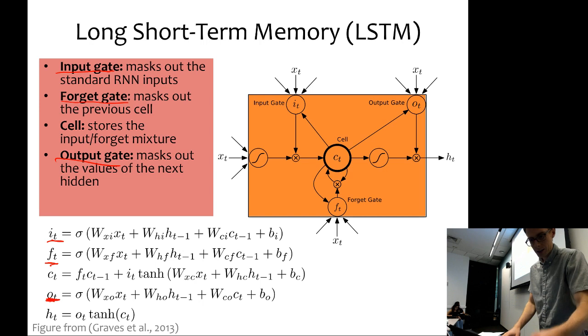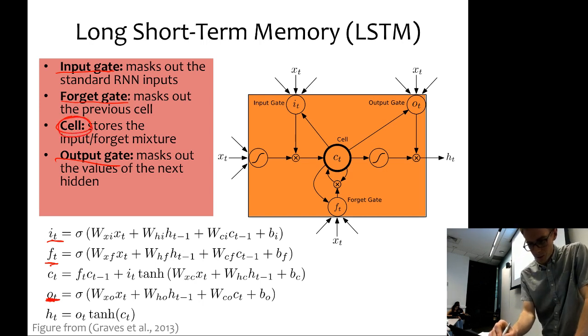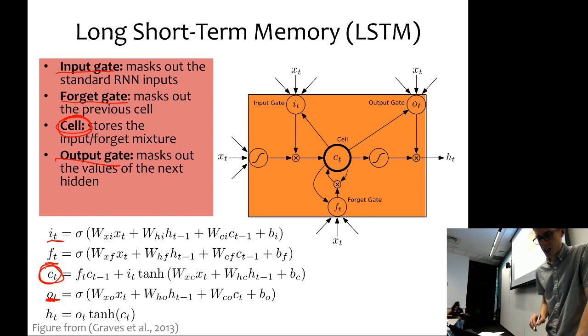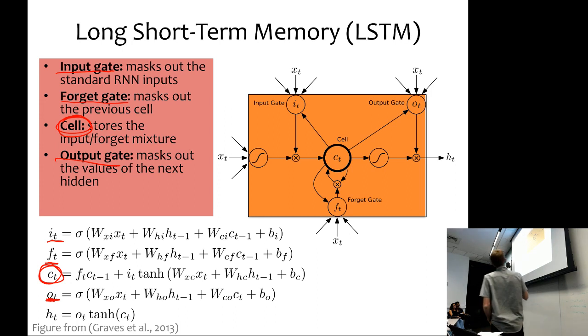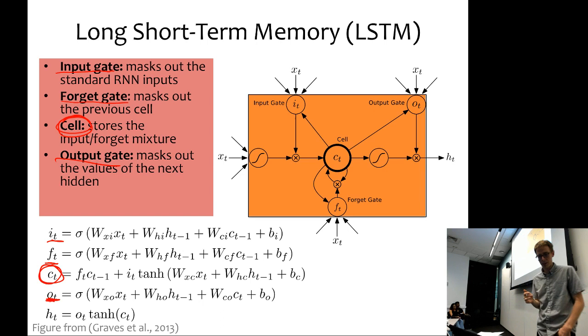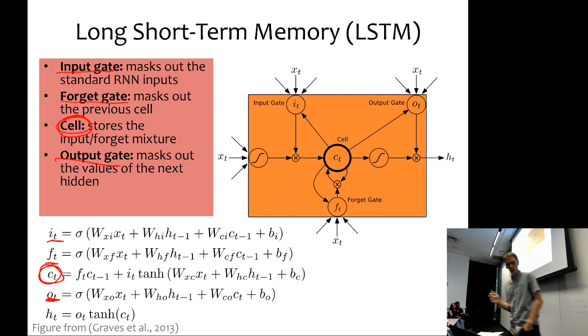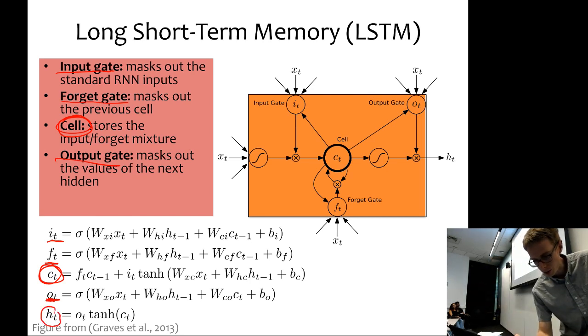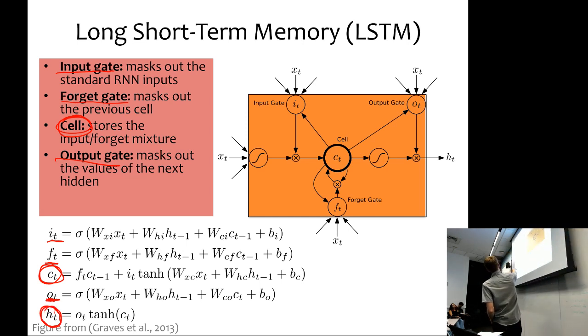Okay, as well, we have this new term, c_t, and c_t is the part of this whole thing that we need to be a little bit careful of to make sure that our picture reflects what's going on here. So c_t is an additional vector within this cell, in addition to what we usually think of as its output, which is h_t. And c_t is going to store essentially some mixture of the input and forget gates, right?